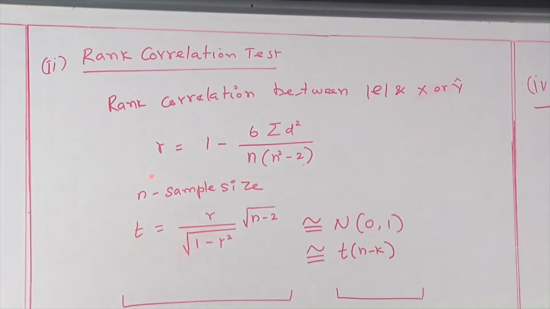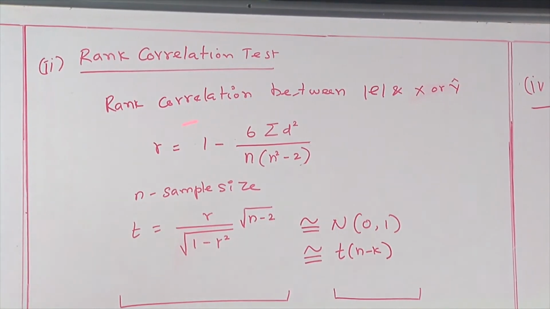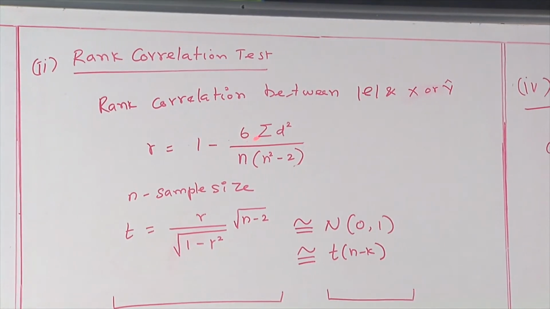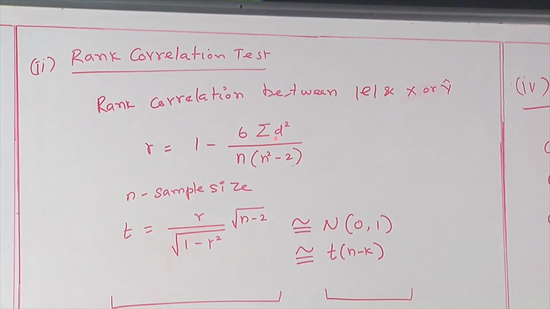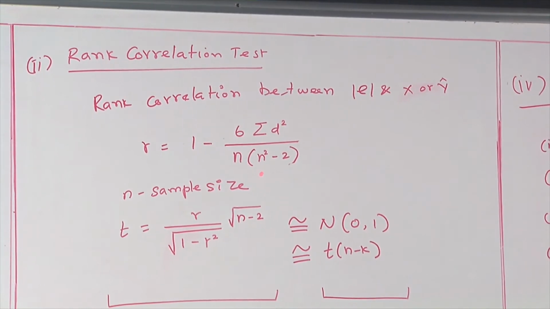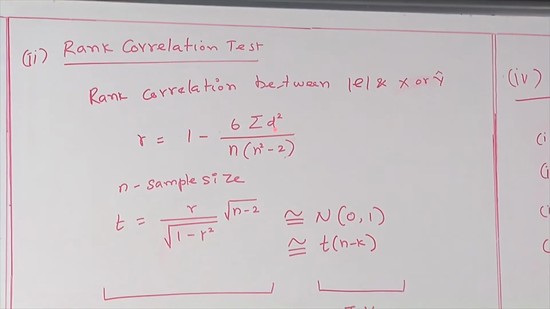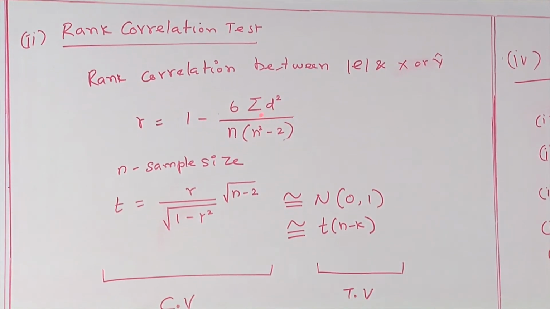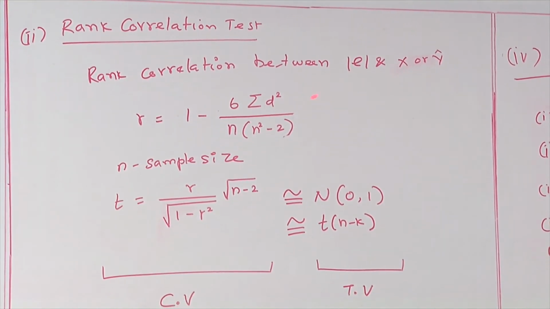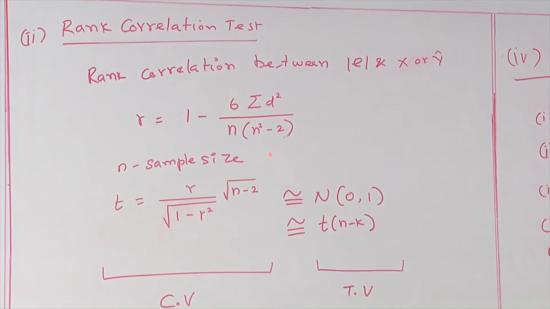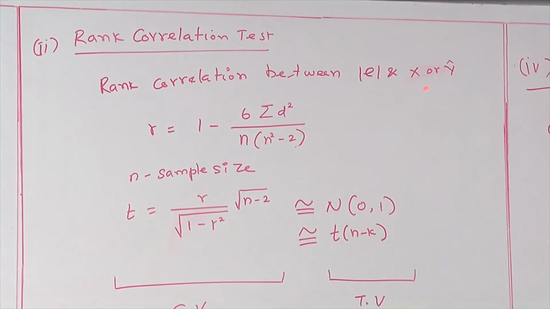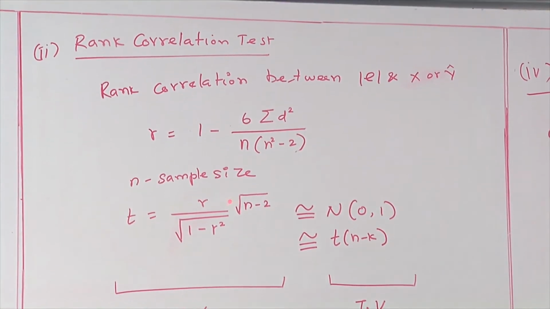The usual rank correlation formula is R equal to 1 minus 6 sigma d square divided by n into n square minus 1. D is the difference in ranks of the two individual observations on modulus E and x.